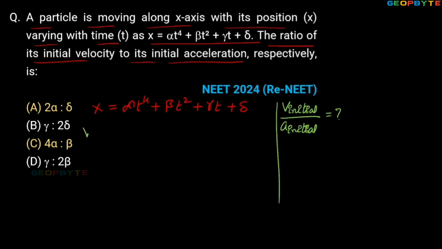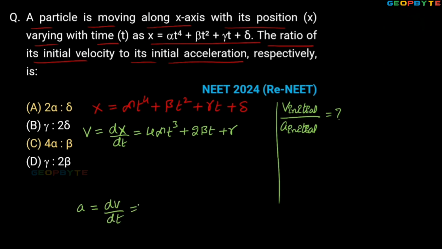As you know, velocity v equal to dx by dt, rate of change of displacement. Let us simplify it. It is equal to 4 alpha t cube plus 2 beta t plus gamma. Similarly, acceleration a equal to what? dv by dt.